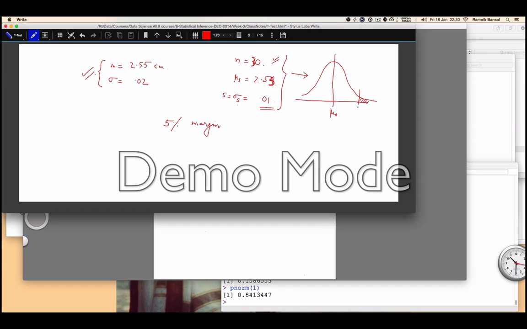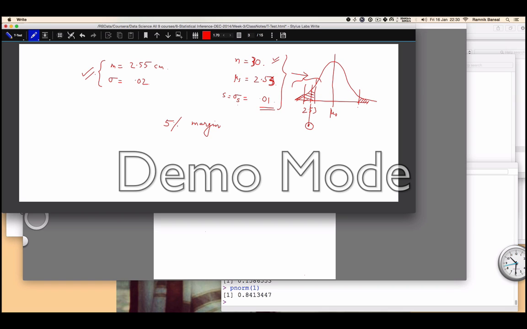And such that this value is 2.53, and everything is centered around here. I'm getting all my values around here, and the mean is this value.